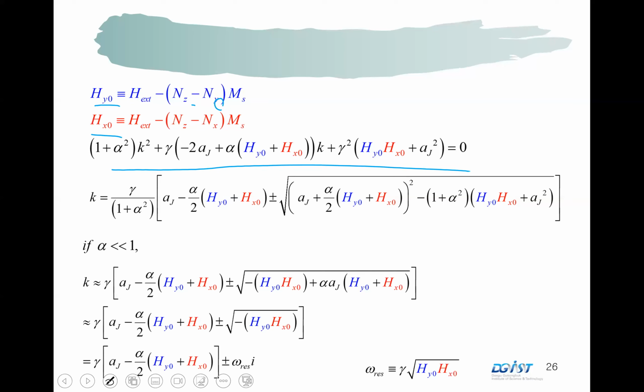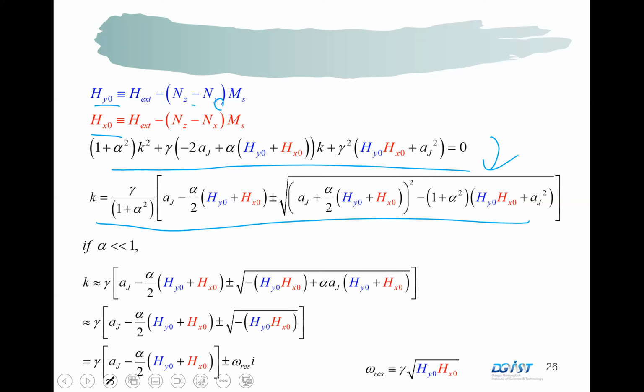And the general solution of this quadratic equation of K is here. From here to here, you can use the well-known equation for the roots of a quadratic equation. Okay, so it still looks very complicated. What we have to do, please keep in mind, is that we are playing with the linear approximation.